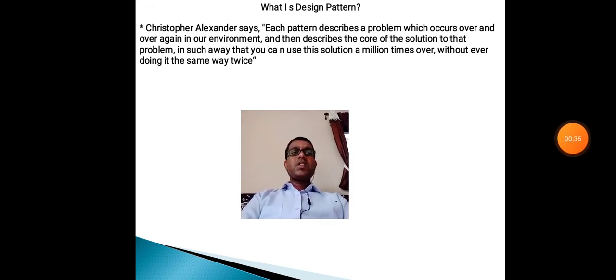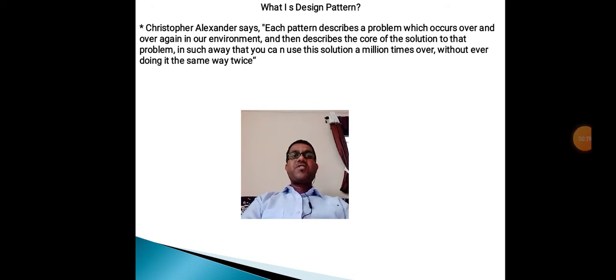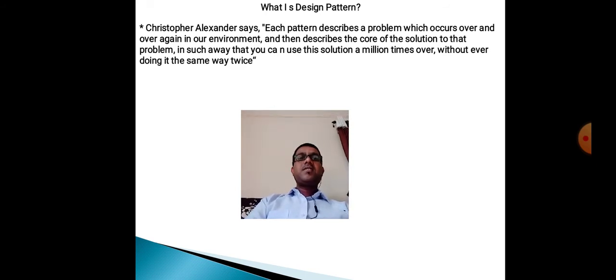According to Christopher Alexander, each pattern describes a problem which occurs over and over again in our environment, and then describes the core of the solution to that problem in such a way that you can use this solution a million times over without ever doing it the same way twice.